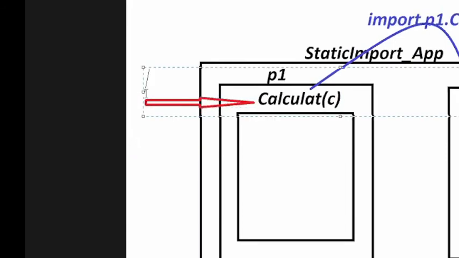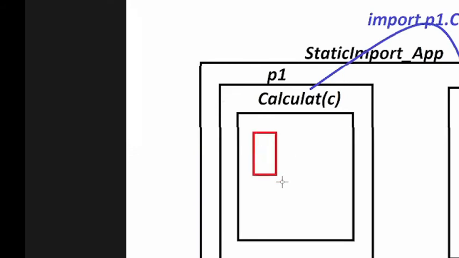Import P1.Calculate. Now this calculate method is static. Return type is double. What is the return type of this method now? Double. Whenever I want to access that method, I must use the class name, no? Right. One minute, I wrote it wrongly. Inside this, one method is there.